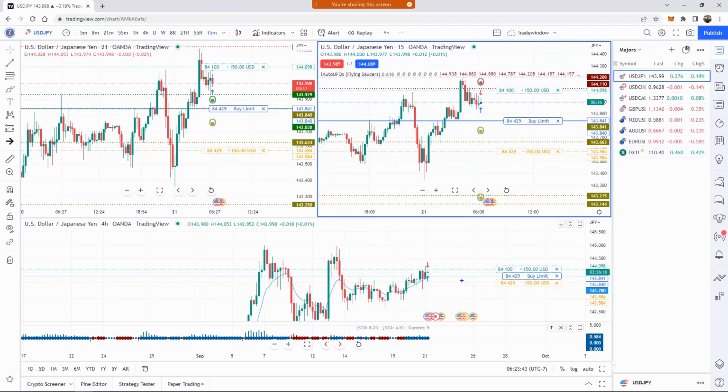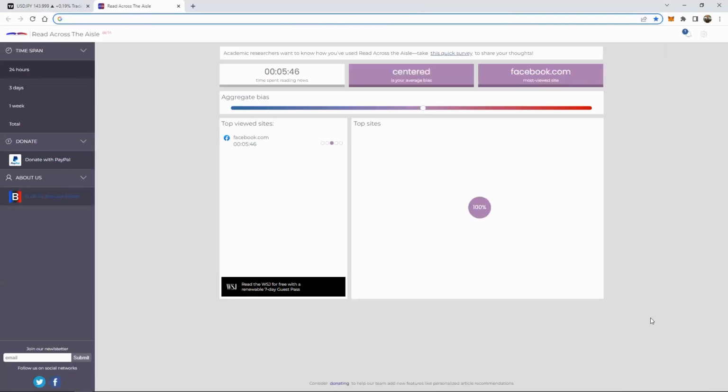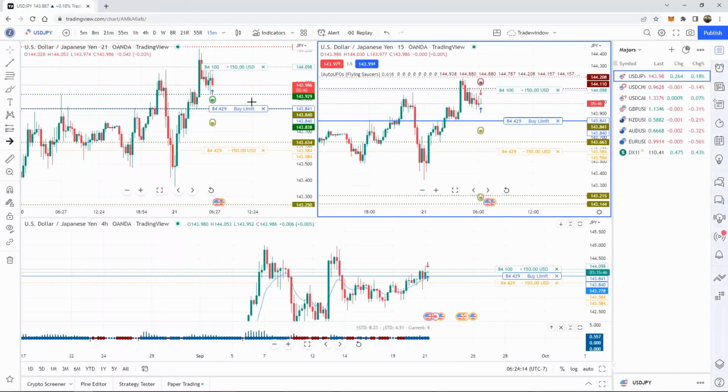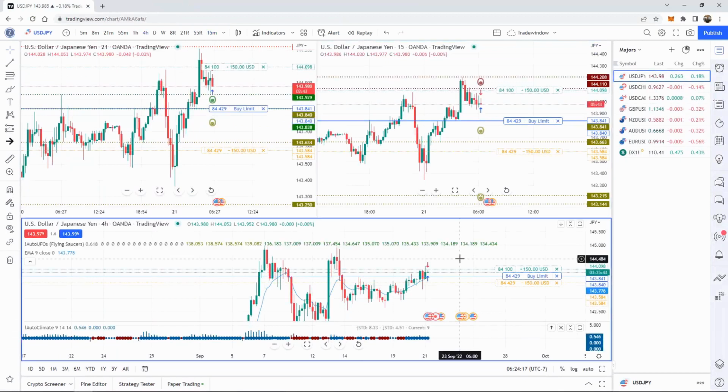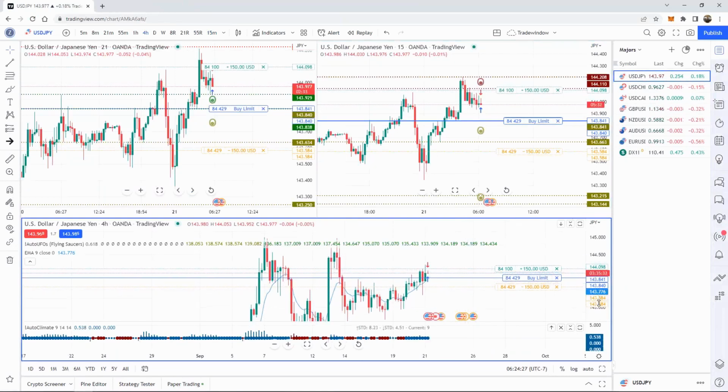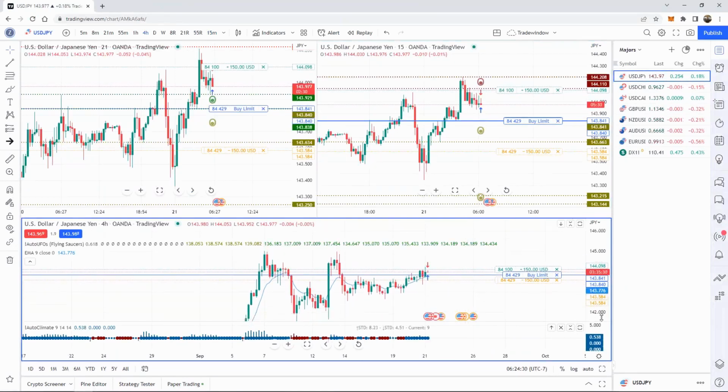Because ultimately, when you're looking to trade, the first thing you want to ask yourself is number one, do I want to trade this? And how do you answer that? Well, you answer that with information that you pull from the charts.